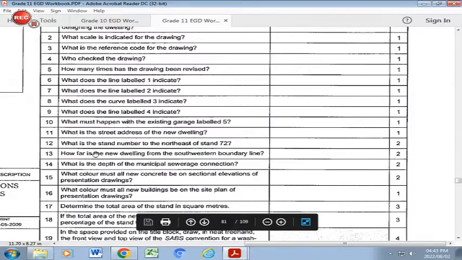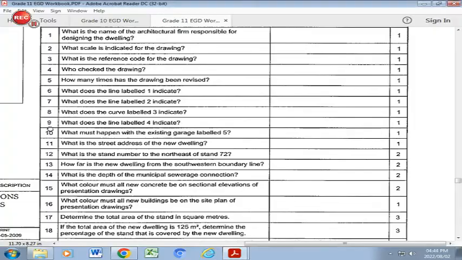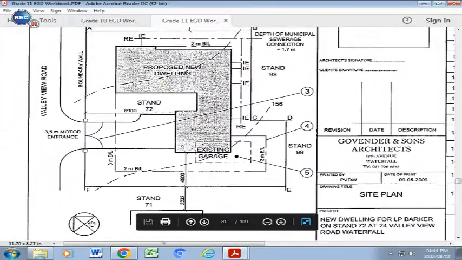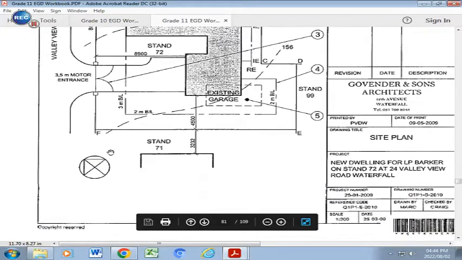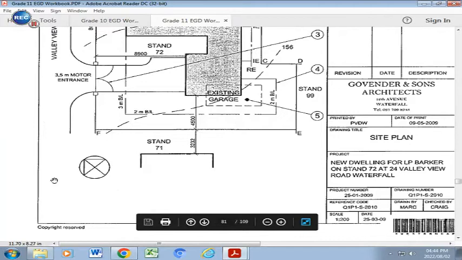We go to number 12. What is the stand number to the northeast of stand 72? For this question, we have to look at our direction symbol. So that is the symbol that you will see right there. The arrow points to north, so north is going to be right here on this slant. South is going to be at the bottom.